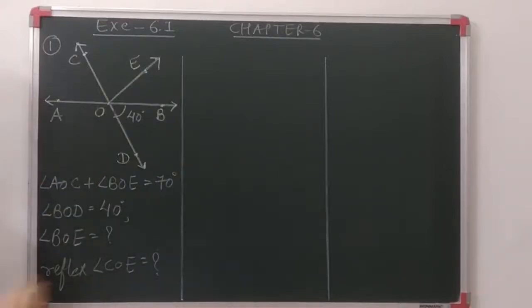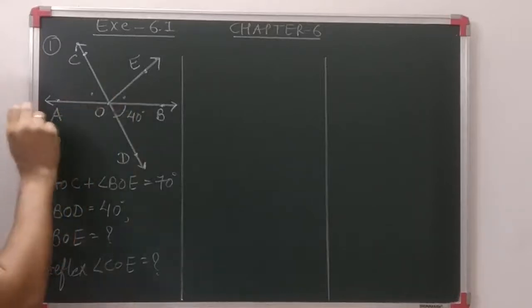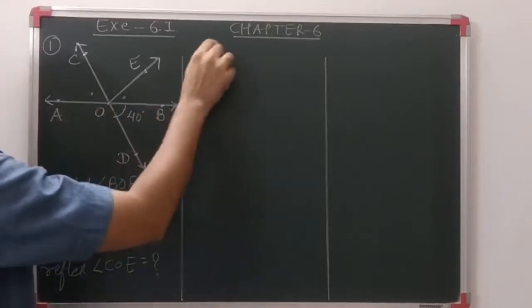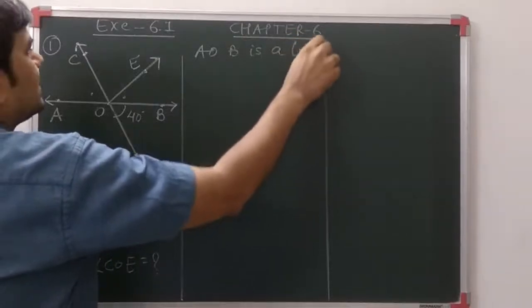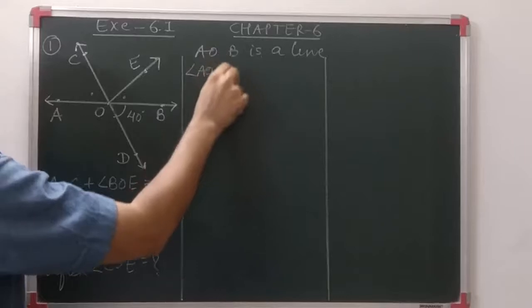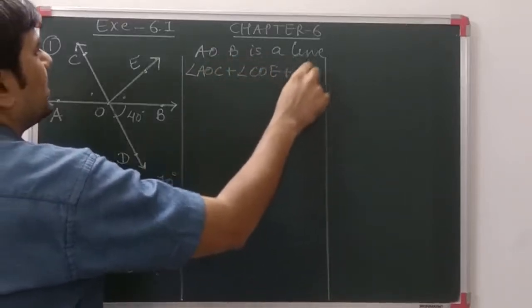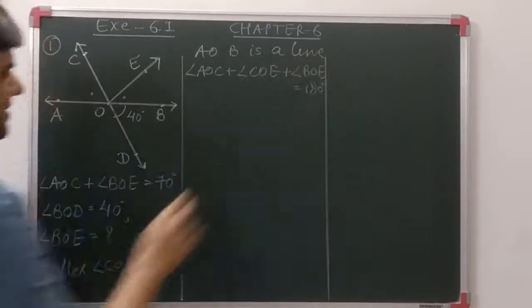Okay. Now look at this. The sum of these two angles is given. So if you observe this very carefully, AOB is a line. As it is a line, AOC plus COE plus BOE form 180 degrees.